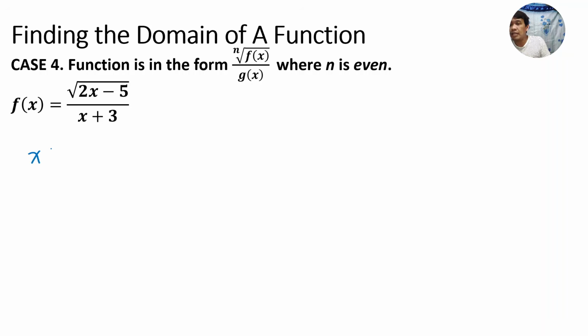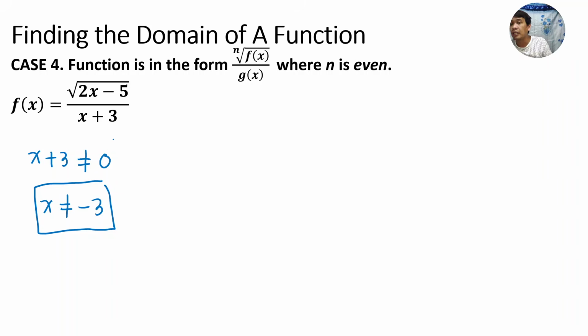So, denominator x plus 3 must not be equal to 0. So, otherwise, magiging undefined yung ating function. So, first restriction, x must not be equal to negative 3. So, that's our first restriction. So, ibig sabihin, all ay pwede except negative 3.